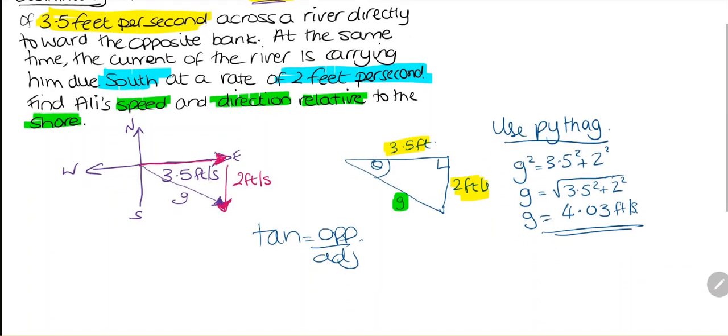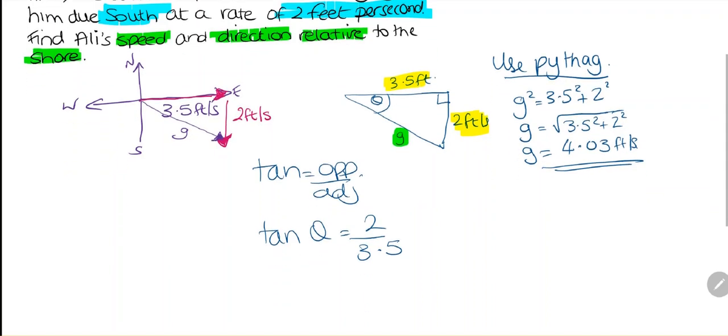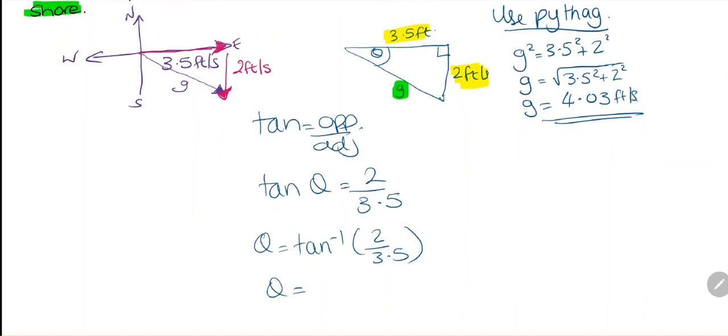So we want the tan of the angle is equal to 2 divided by 3.5. So to find the angle is going to be tan to the minus 1, 2 divided by 3.5. So our angle of theta will be 29.74 degrees. So we're going to round this to 30.